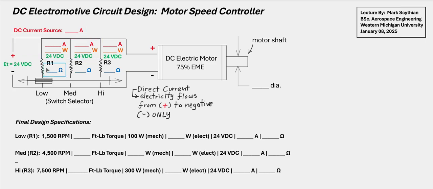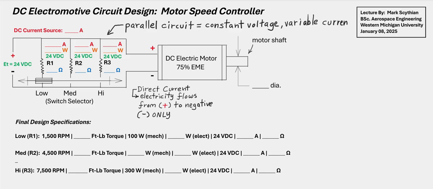Whatever current is drawn at R1 leaves the remaining current to then travel in series to the next parallel, and on and on. And so then we have a constant projection of voltage across all three circuits. So this is a parallel circuit, which implies constant voltage and variable current.